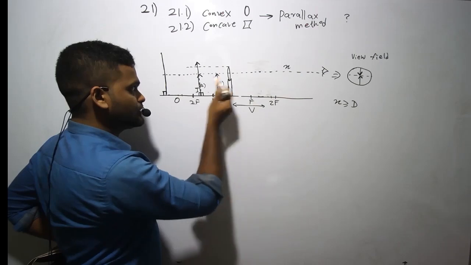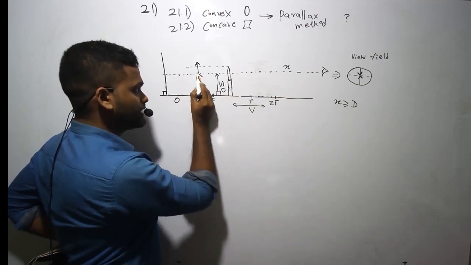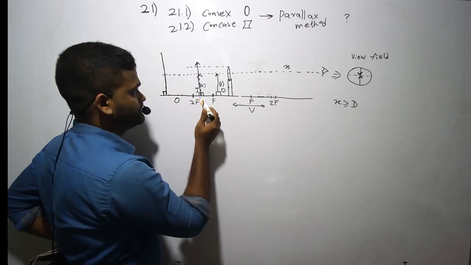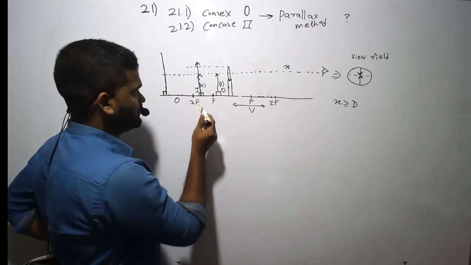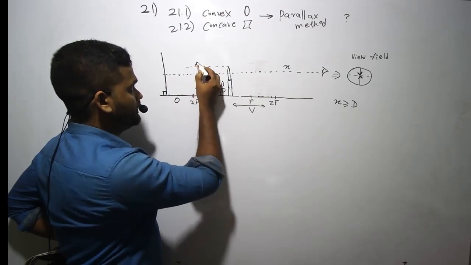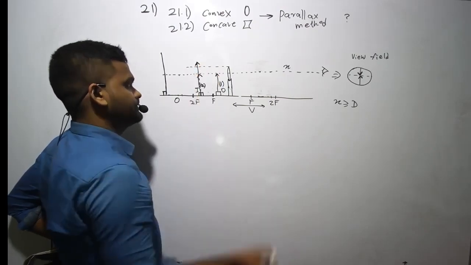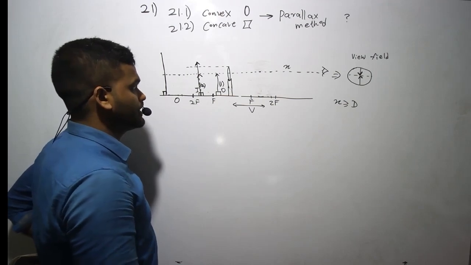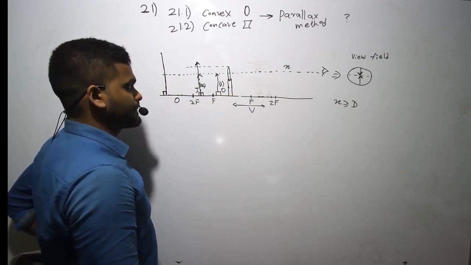Because through the lens you cannot see the image of this one, right? You will understand why. So you place it like this.